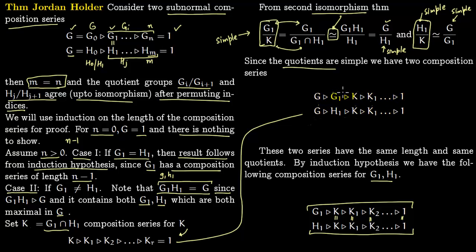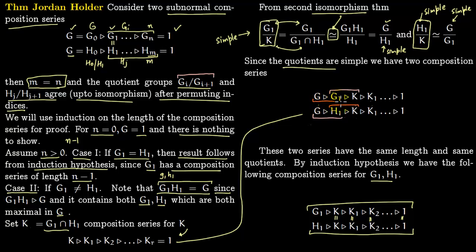But notice that G1 over K is the same as G over H1. So you have to permute the indices, taking 1 to 0. That is why we say they agree up to permutation. The same thing holds for H1 over K, which is the same as G over G1.